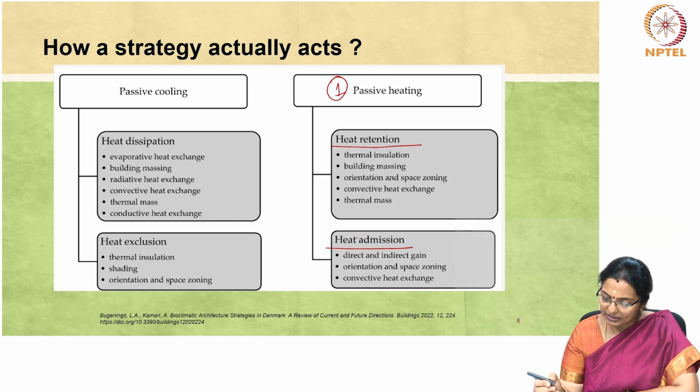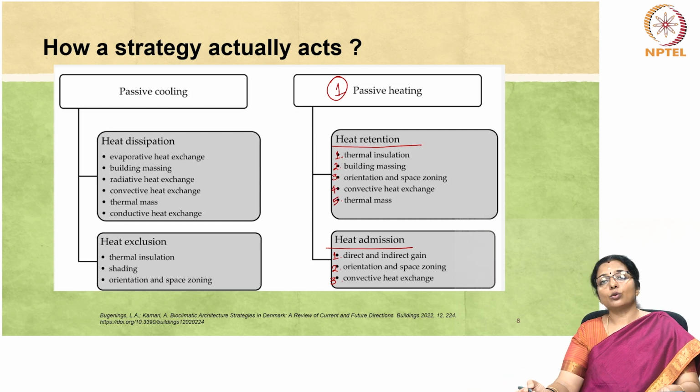Heat admission happens by direct and indirect heat gain, by orientation and space zoning, and third is by convective heat exchange. How do you retain the heat that is already admitted? That happens because of thermal insulation, building massing, orientation and space zoning, convective heat exchange and thermal mass.